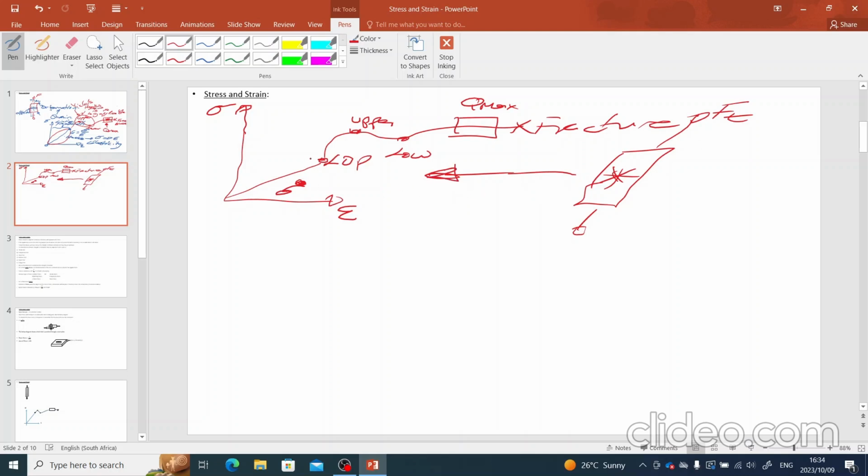We are now able to tell the strength of this material as they've applied the force. We are able to tell that this material started to bend here. It means when force was at 50 kilonewton, then it started to do what? To bend. Then we are able to determine the stress there.